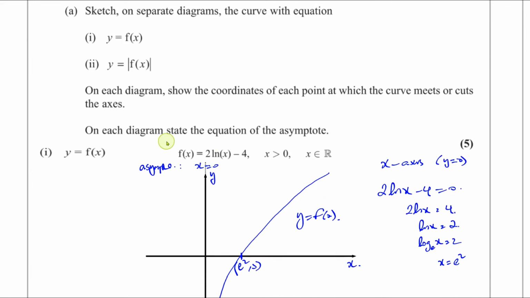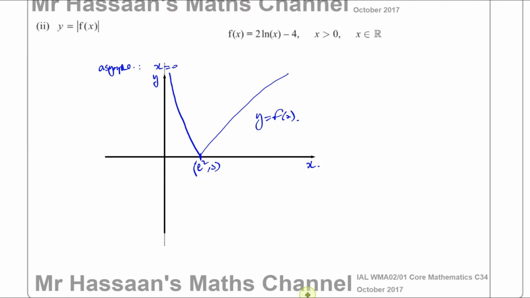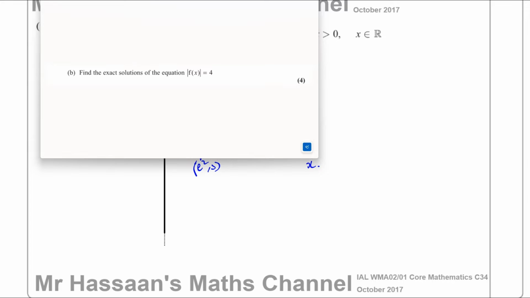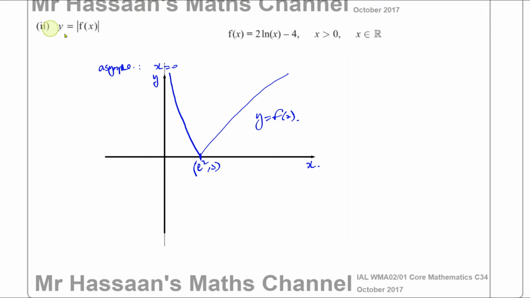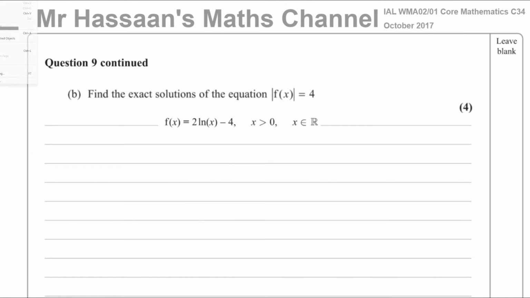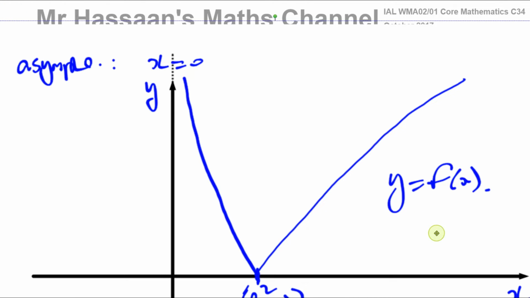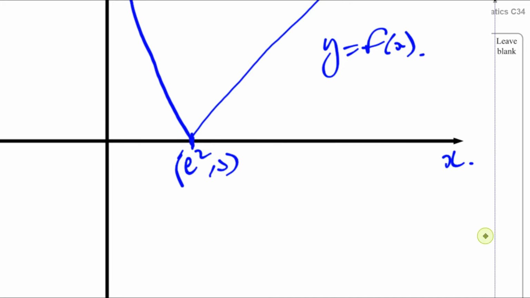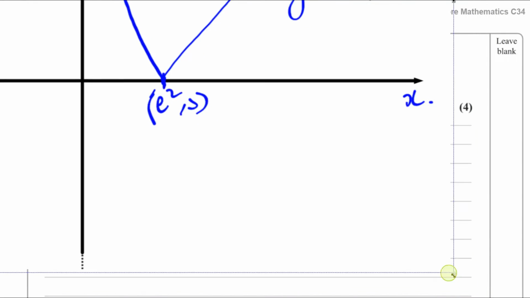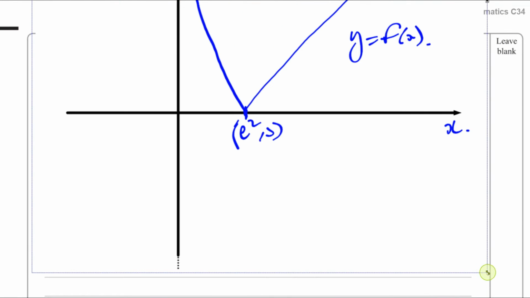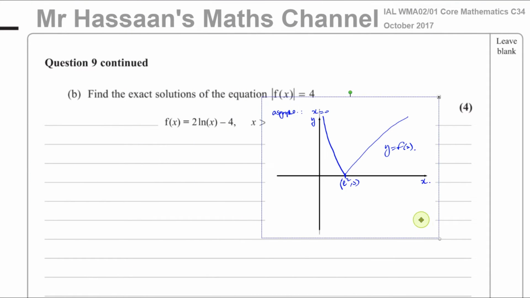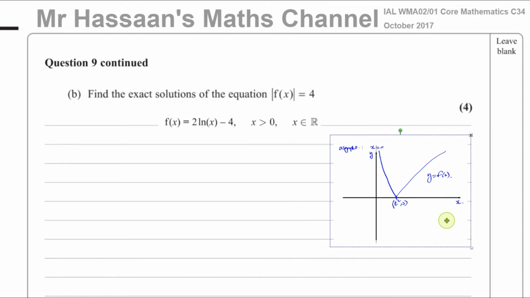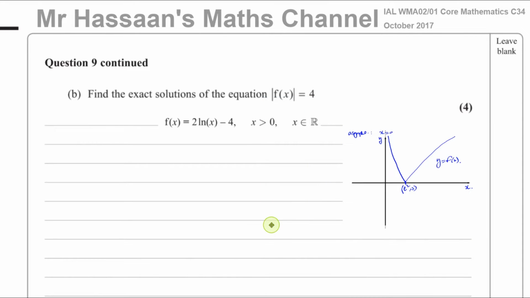What I'll do is take this graph as a picture and paste it over here. Make it a bit too big right now. Okay, so we can just visualize what we're doing. I like to always visualize what's happening. We don't have to do this, but it does help to make things easier.